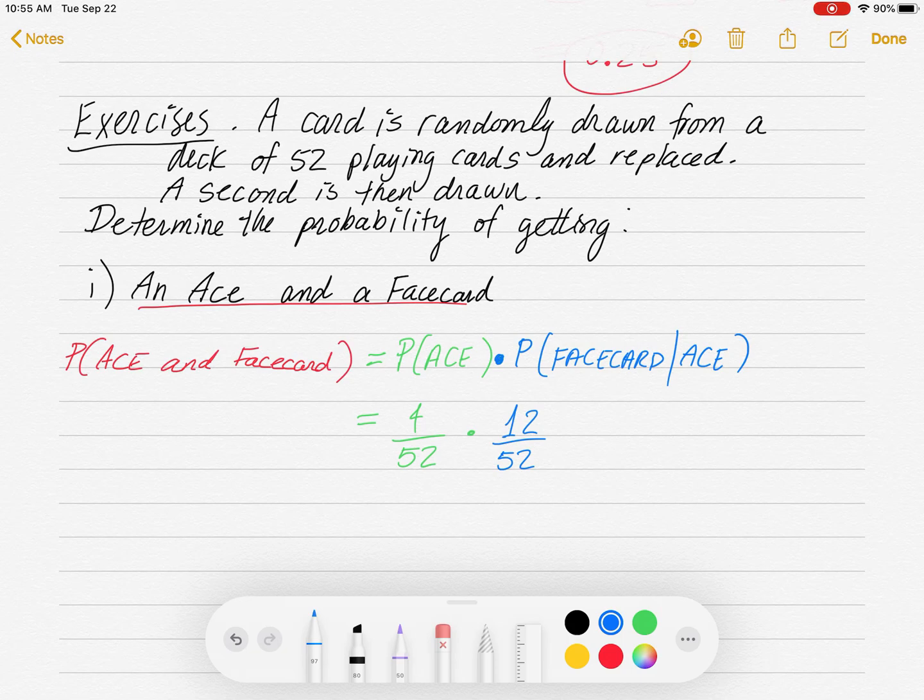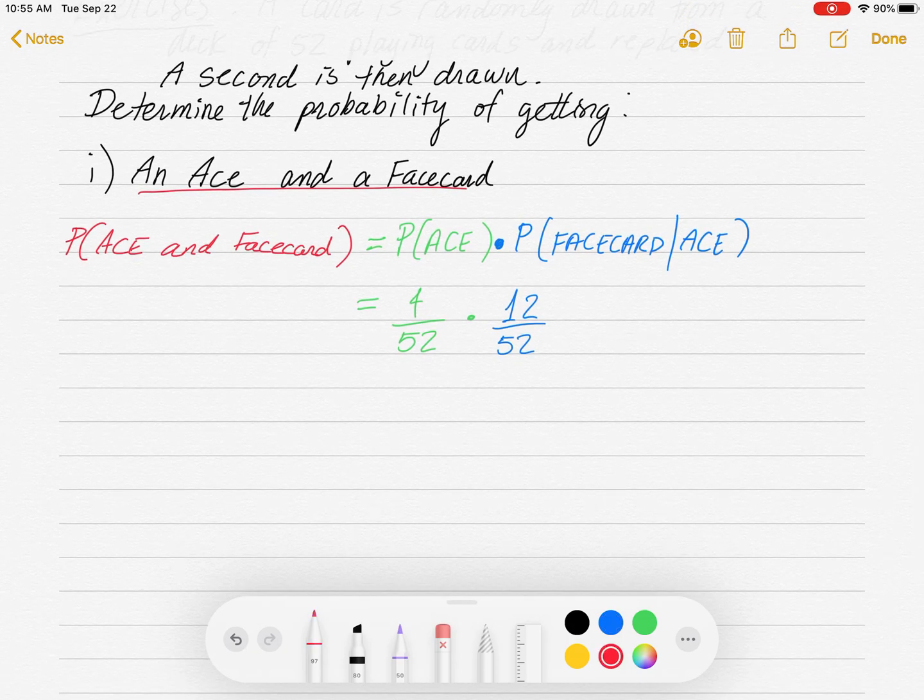All right, so what we're going to do, we're going to multiply this together. 4 times 12 is 48, of course. And 52 times 52 is a big number. It's 2,704. And now we're just going to divide this out. Now this is going to get probably a small decimal. 48 divided by 2704.